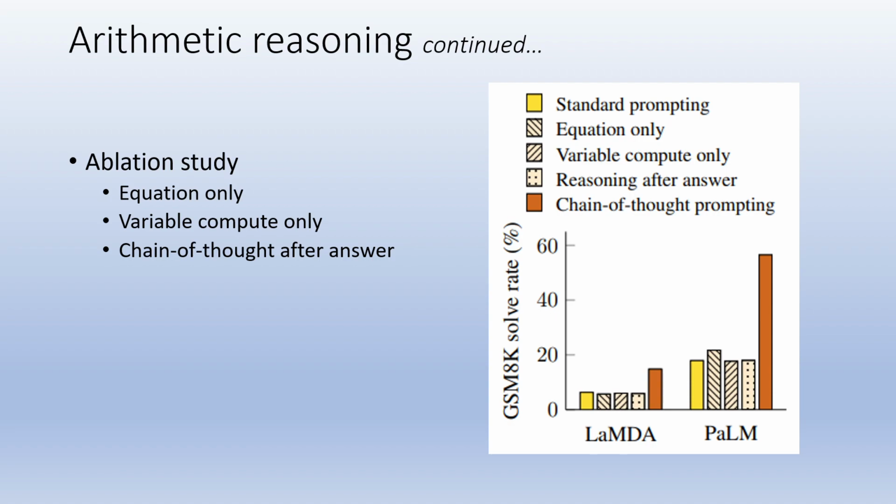Again, we see the model does not perform much better than the baseline model, which leads us to believe that chain of thought prompts not only unlock certain knowledge in the model, but the sequential steps also give so much more to the model that it performs much better when given the chain of thought prompts. We can see this in the graph too: chain of thought prompting performs much better than these various studies that we have.